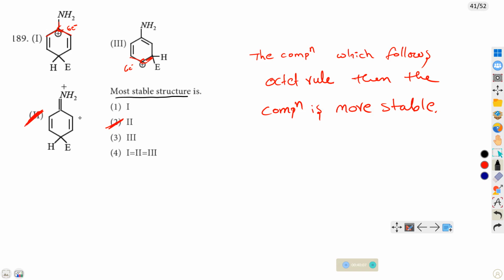But here you can check, all carbon atoms follow octet rule. And around nitrogen also 1, 2, 3, 4 bonds are present. It also follows octet rule. So every atom in this structure follows octet rule.